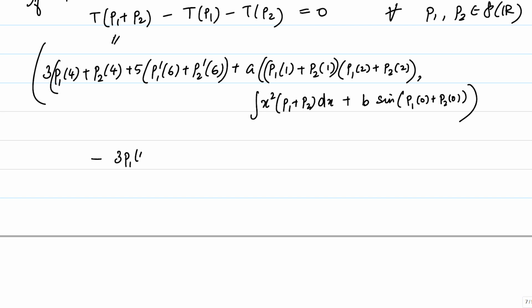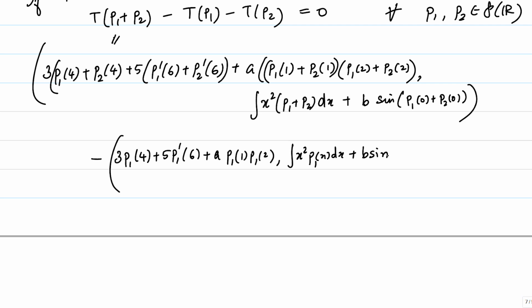That is P1 of 4, 5 P1 prime of 6. So that's a plus A times P1 of 1, P1 of 2, comma, the integral of x square P1 of x dx plus B times sine P1 of 0.